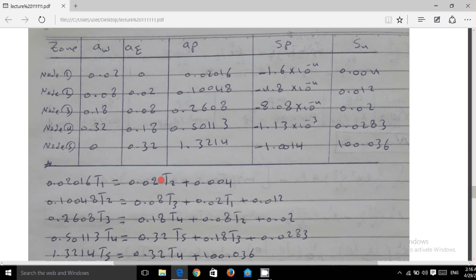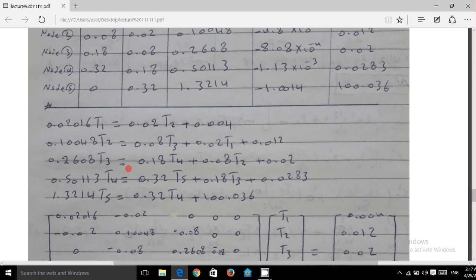It's T2 plus the source term. The same way we can find node 2. What is the point that is at the west of node 2? It's node 3. What is the point that is at east side? It's T1 of node 2. It's T1 plus the source.